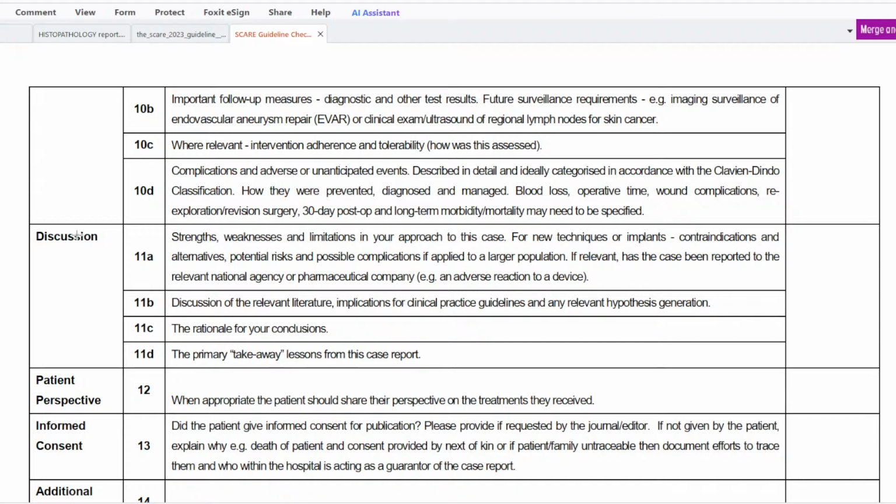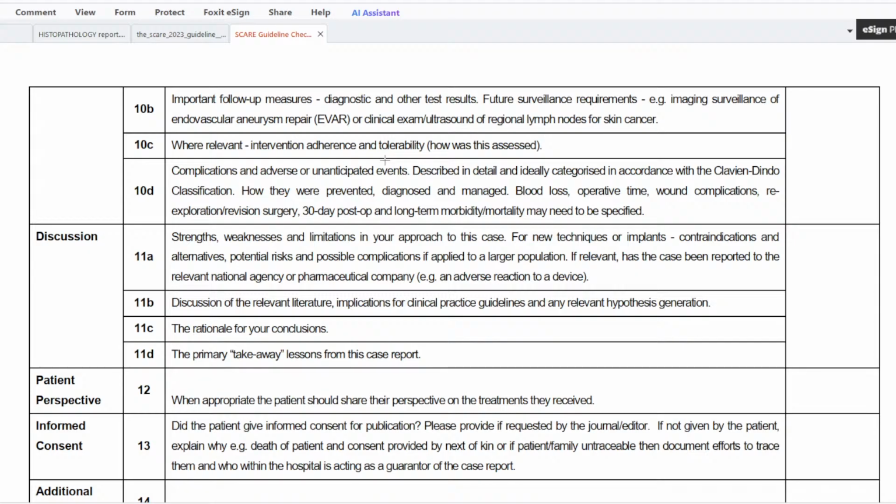Improvements on measures and diagnosis and other test results. Further surveillance, imaging surveillance of the endovascular aneurysm repair, or clinical exam, ultrasound, where relevant, intervention adherence and tolerance.